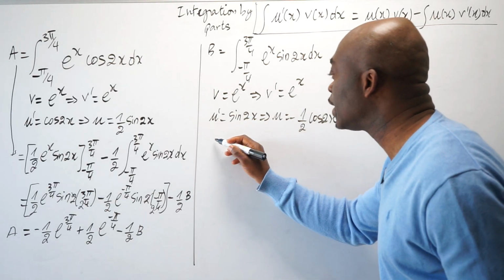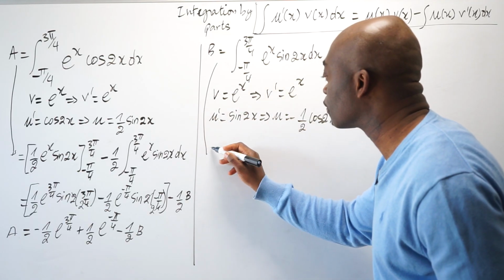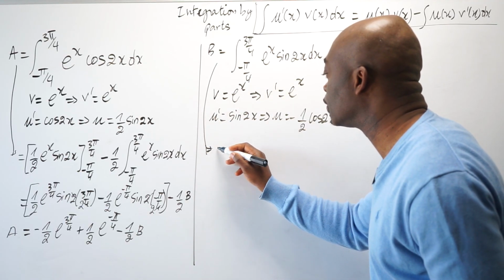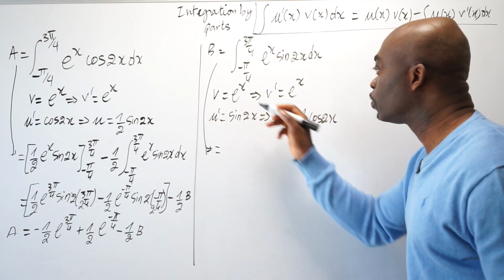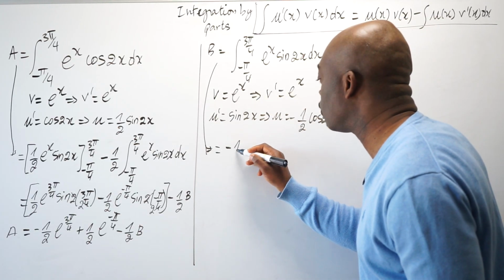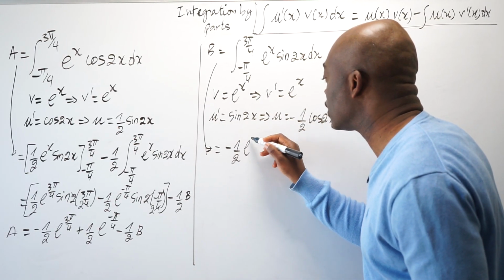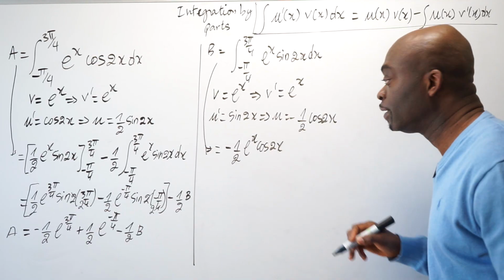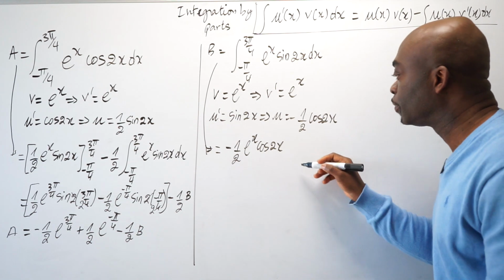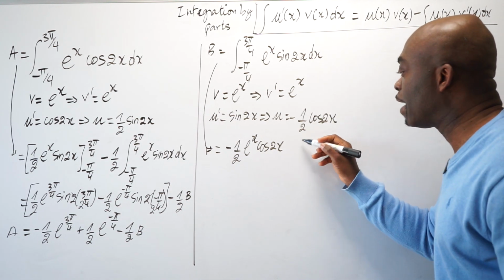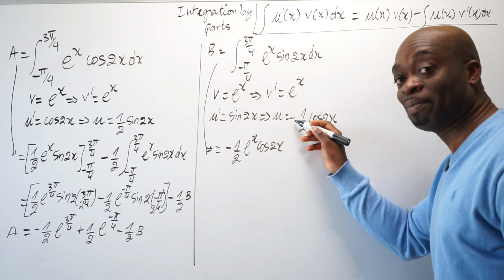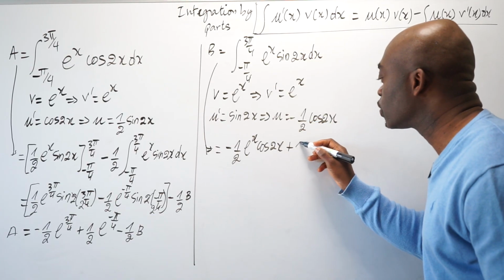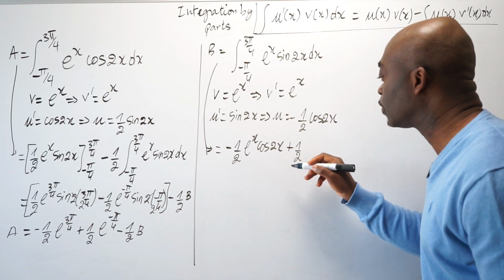So let's go. So then b is equal to u times v, so that's negative 1 over 2 exponential x times cosine 2x. All right? Then minus, so we're going to have the integral after that, but minus and minus will give us what? Plus. So it's plus 1 over 2, okay?